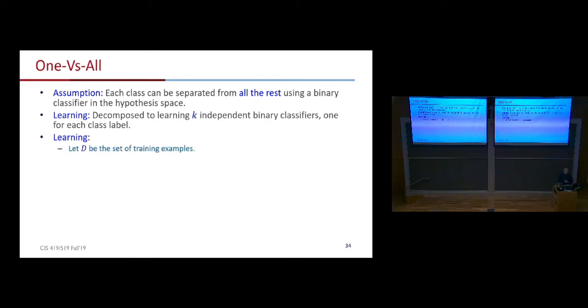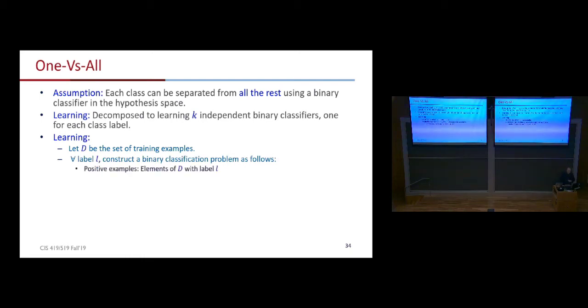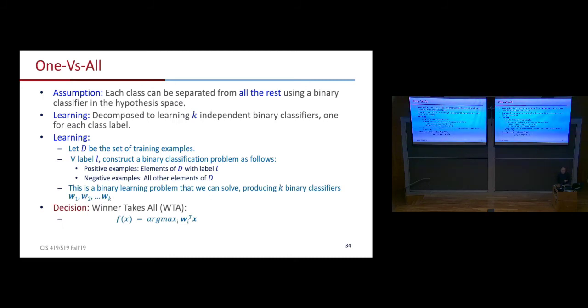How do we learn in this case? We have data. It's labeled with K labels. We basically define K learning problems. For each label L, we construct a binary classification where the positive examples are those that are labeled L. The negative examples are the rest.